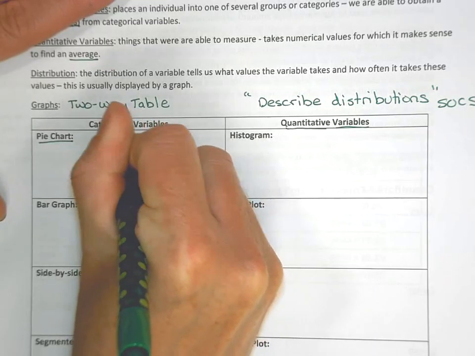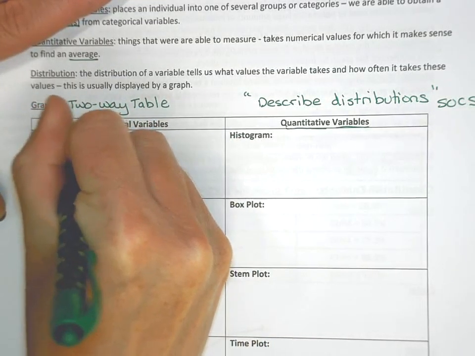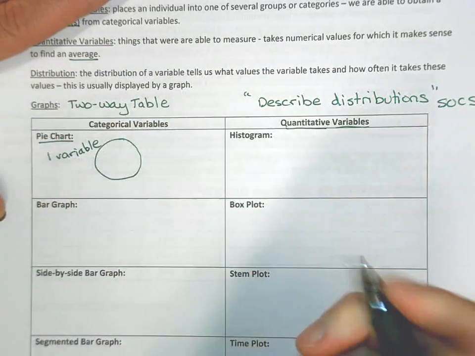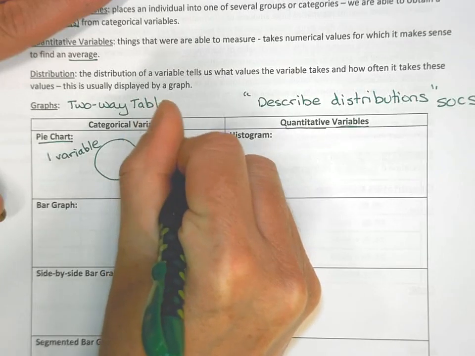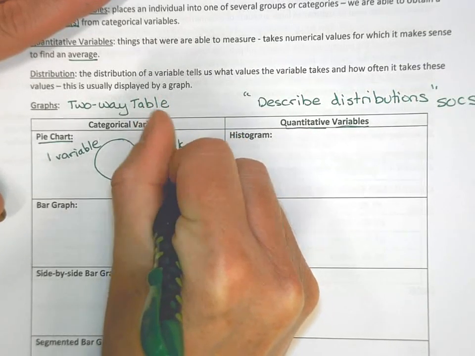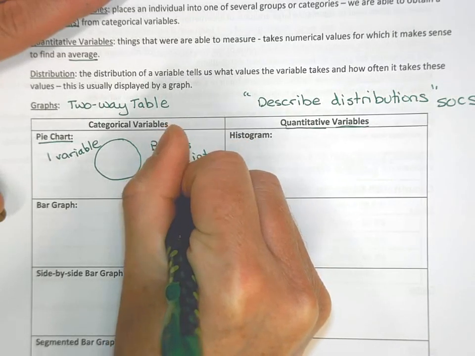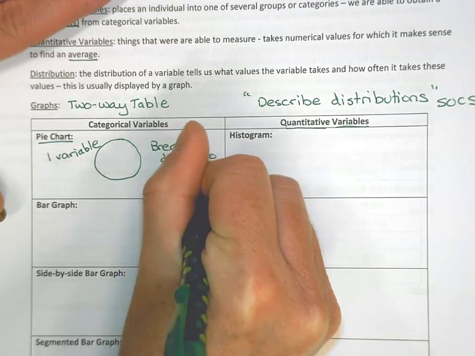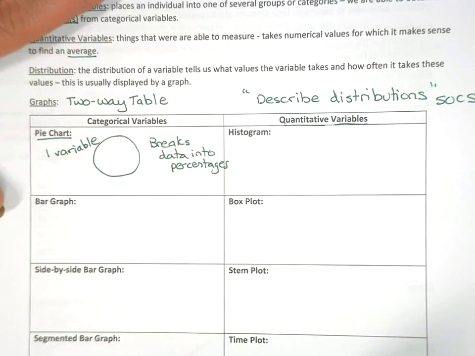Basically, it's just your circle, and there's only one variable, and it breaks down your data into percentages. And of course, the whole circle has to add up to 1 or 100%.